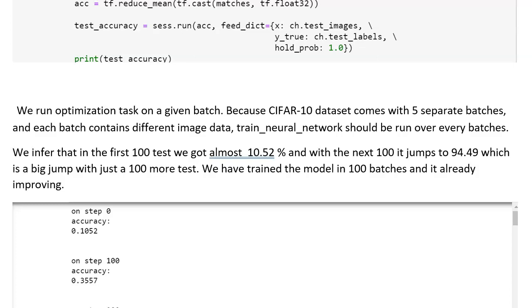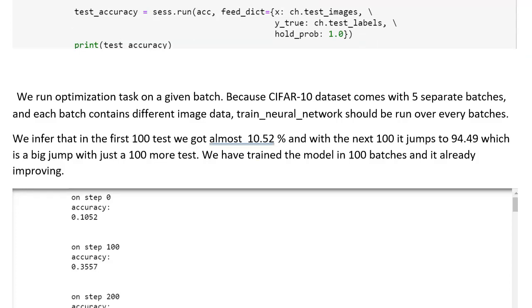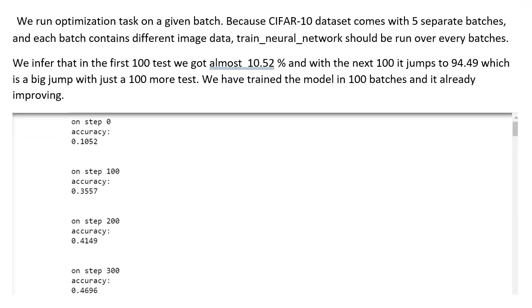CIFAR-10, as discussed before, comes as 5 separate batches, each one 31 MB, and combining and loading them over a period of time would be a performance intensive operation. We are concerned about performance as well, so here we are going to split the data and load it.